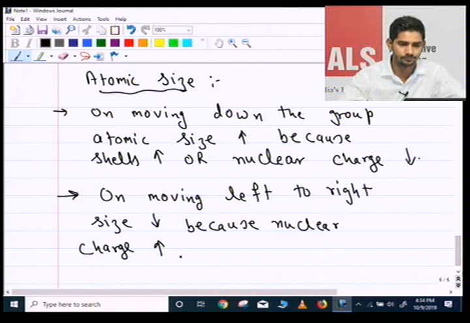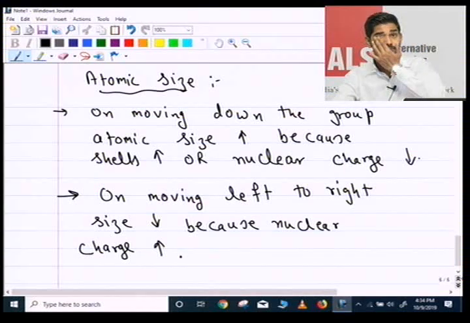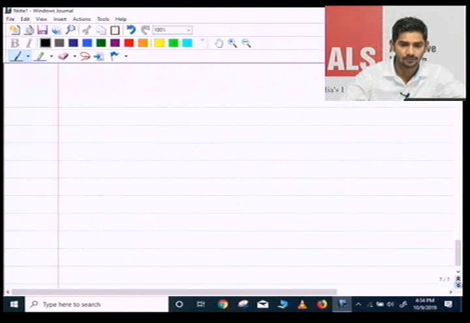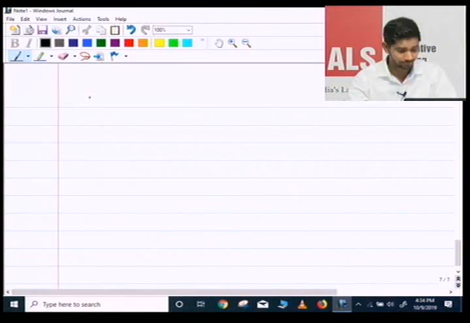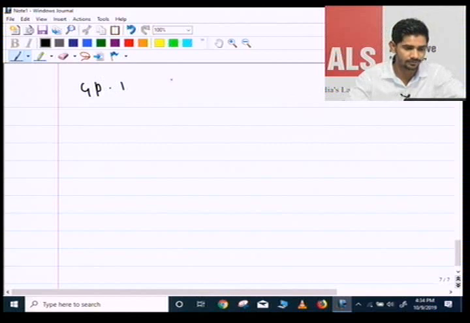So on the basis of this, we can say that group 1 elements have larger size than group 2 elements.